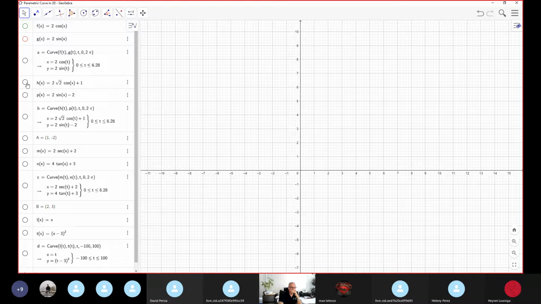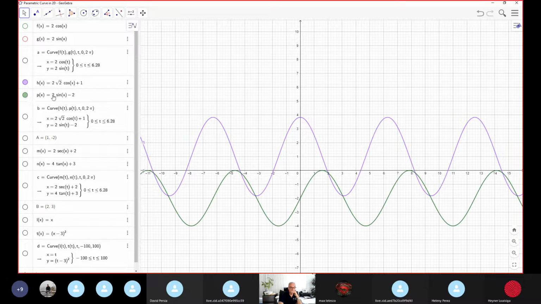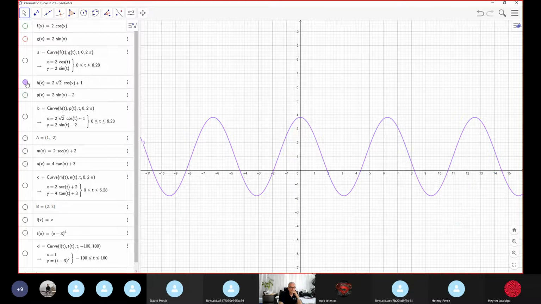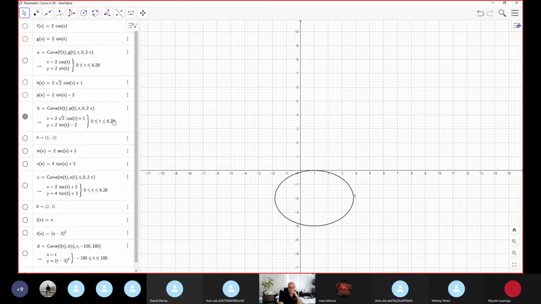Now, the second example is f and g as functions: 2 radical 2 cosine t plus 1 and 2 sine t minus 2. And when you are doing the parametric ellipse, by the way, the center of this ellipse is (1, -2), remember, right? Okay, super cool. And the third example is the hyperbola.